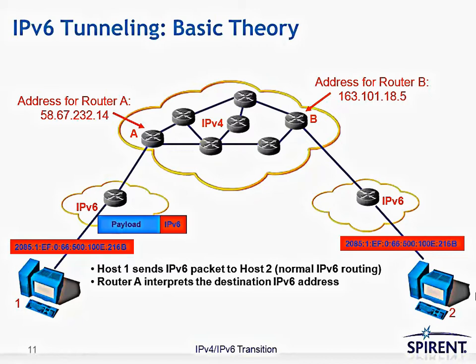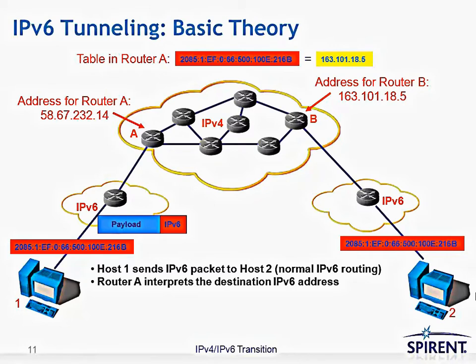That is eventually received by router A, and router A interprets the destination IP version 6 address. So it looks at the destination IP version 6 address and extracts what would be the tunnel endpoint associated with router B from that, either manually because it's configured that way in router A, or automatically because the tunnel endpoints, i.e. the two IP version 4 addresses of routers A and B, are embedded in the IP version 6 addresses.